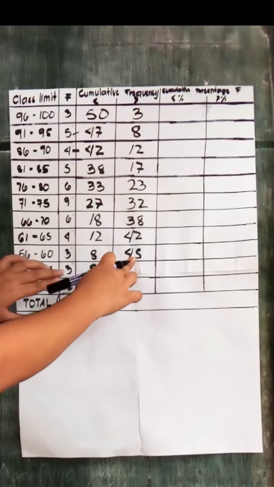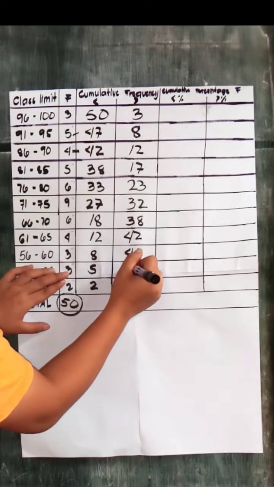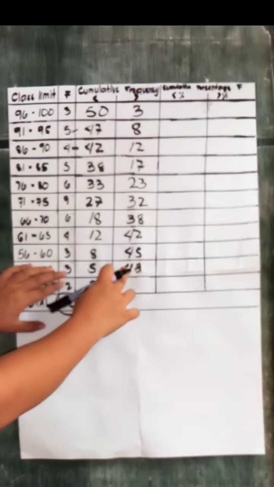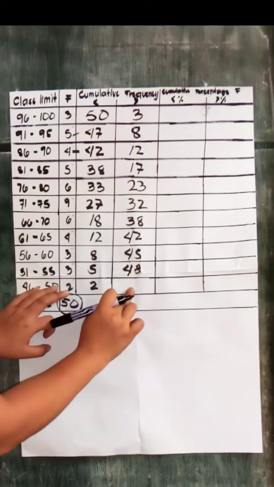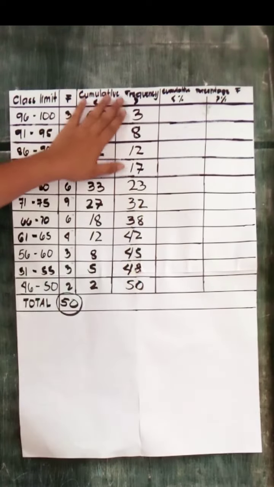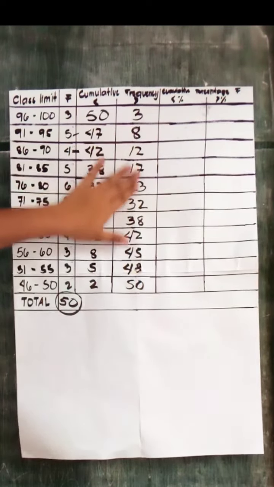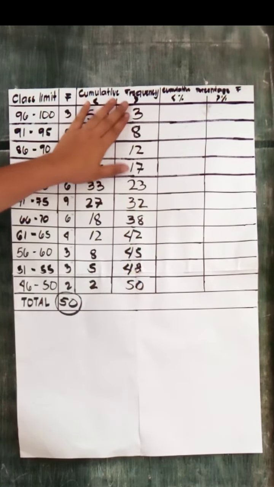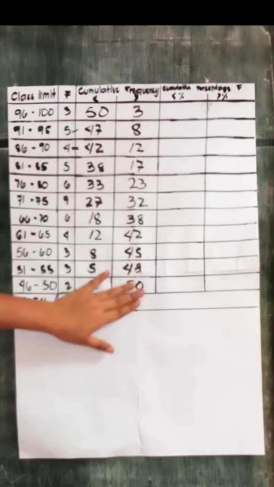And 45 plus 3 is equal to 48. And 48 plus 2 is equal to 50. So this is the cumulative frequency greater than, and that is how to find it.